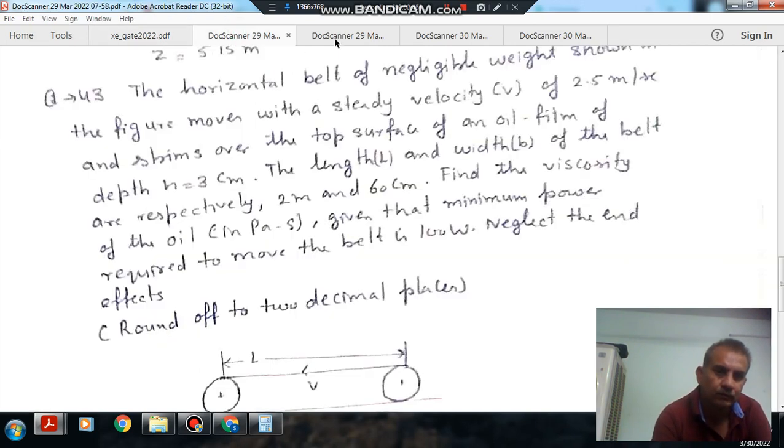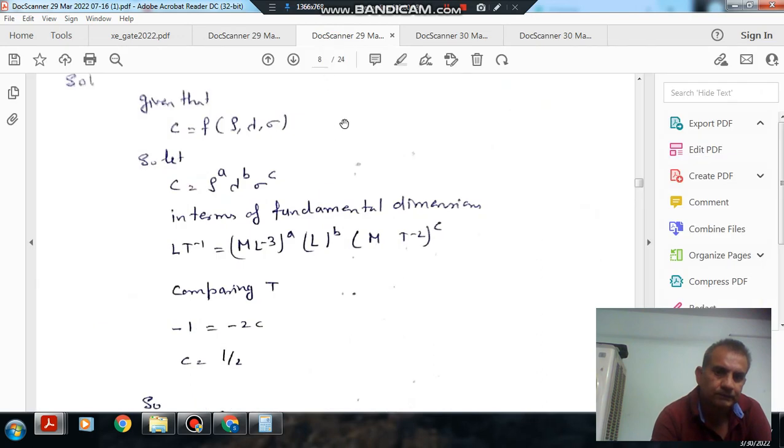Now, given that c is a function of rho, lambda and sigma. Rho is density, lambda is wavelength, and sigma is surface tension. The dimension of c is that of velocity, that is LT^-1, and the dimension of rho is ML^-3.